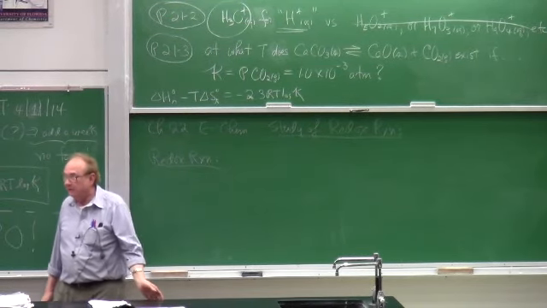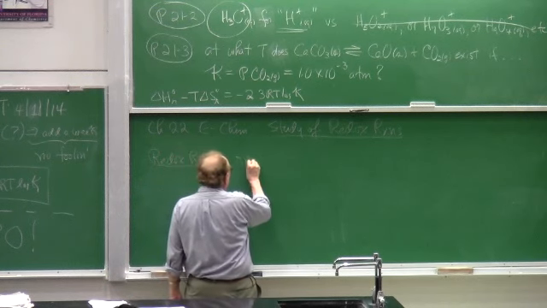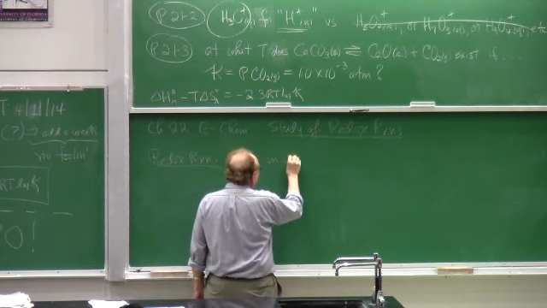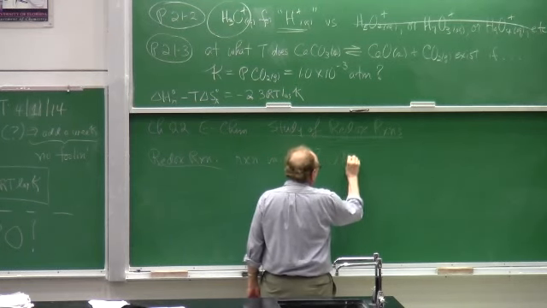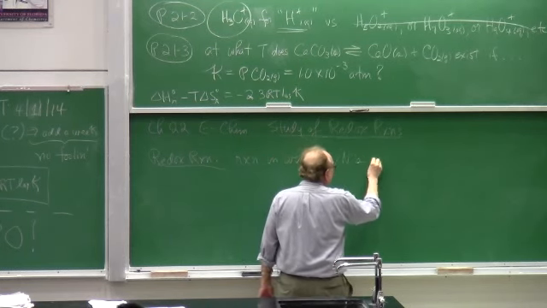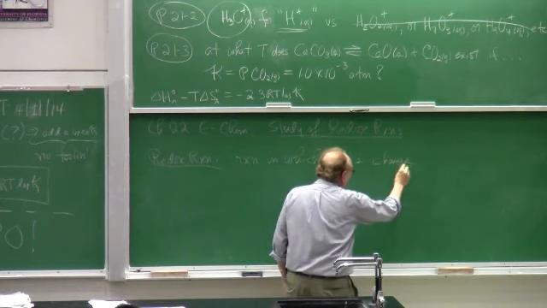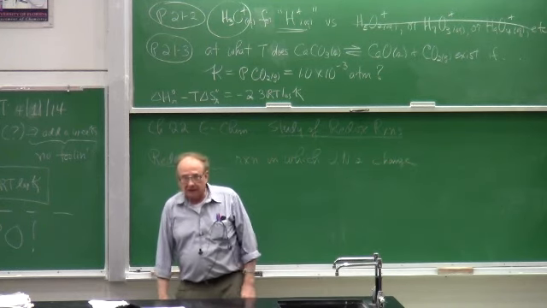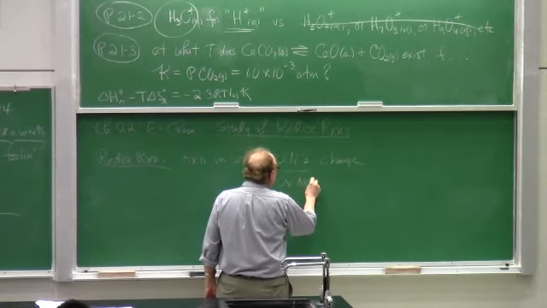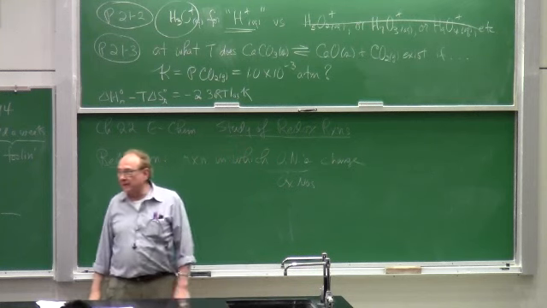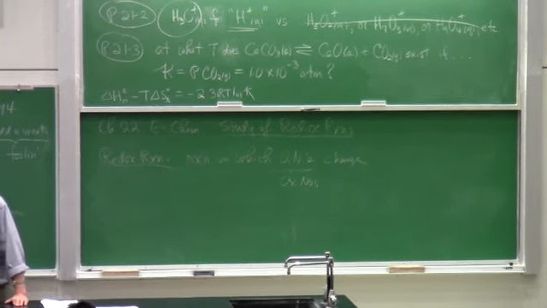Redox reactions. What's a redox reaction? A reaction in which ONs change. What are ONs? Oxidation numbers. Ox numbers. So knowing ox numbers, being able to determine ox numbers is often important in studying redox chemistry.